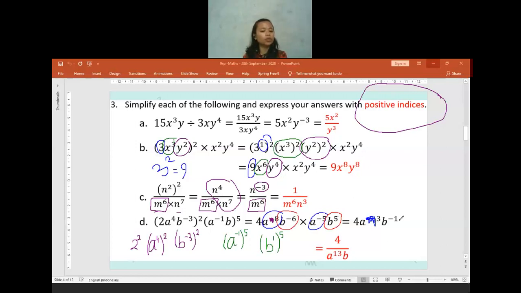Negative 6 plus 5 is equal to negative 1. Now, because we have to change the answer into positive indices, we transfer any negative indices to the denominator. So the final answer is 4 a to the power of 3 over b to the power of 1.